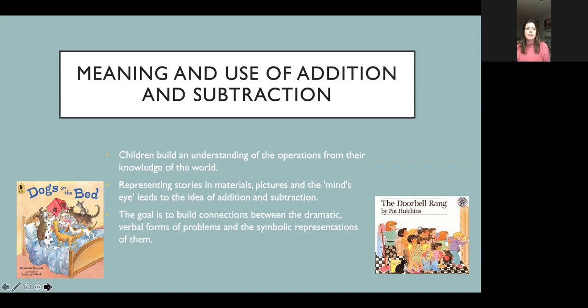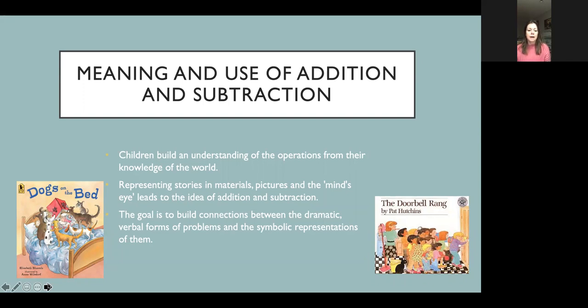And so we want them to represent stories in materials, pictures in their mind, visualizing that lead to the idea of addition and subtraction. We want them to build connections between dramatic and verbal forms of problems and that symbolic representation of them. And these two stories are really great for that.